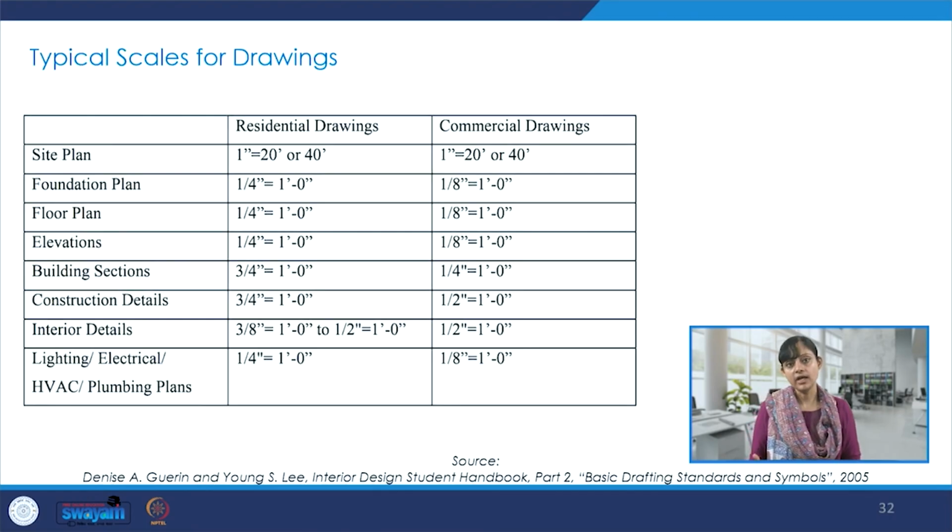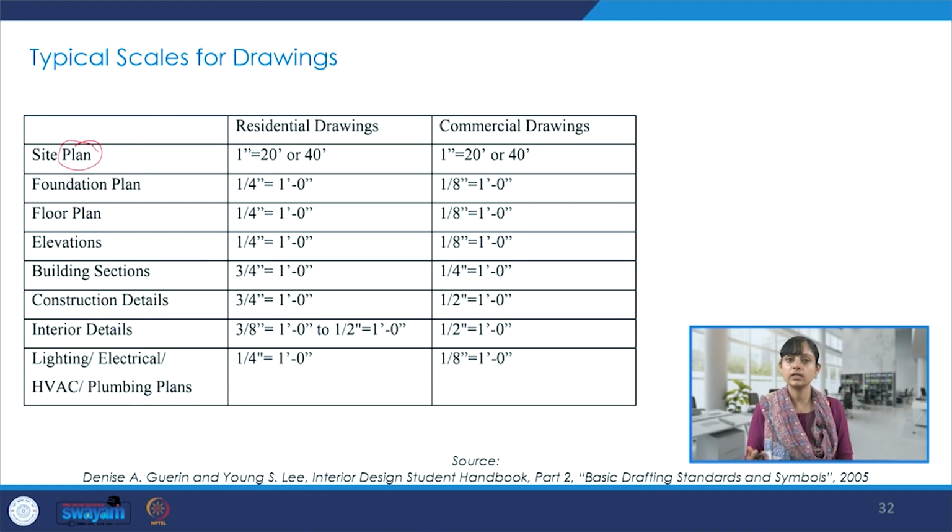Then there are different kinds of drawings, especially plans, because these drawings are very important. Even though we have 3D renders and 3D views, and we can use a lot of software to explain how a space looks or how it can be perceived for the benefit of our clientele and for better presentation of our portfolios, it is very important to know how to make proper line drawings, and within that, a plan is a very important drawing.